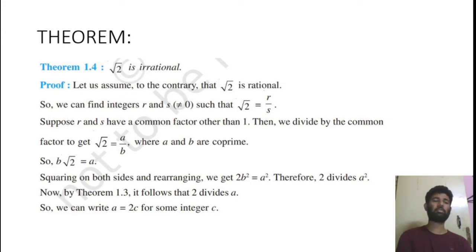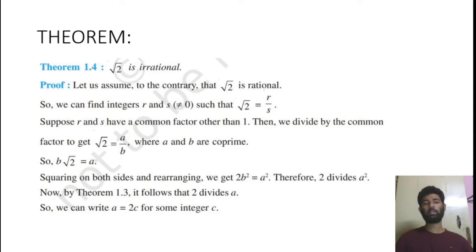By further simplifying, we get b into root 2 is equal to a. Squaring on both sides, we get 2b square is equal to a square. Now 2 divides a square, so as we have seen in the theorem discussed above, 2 must also divide a. If 2 divides a square, 2 will divide a.